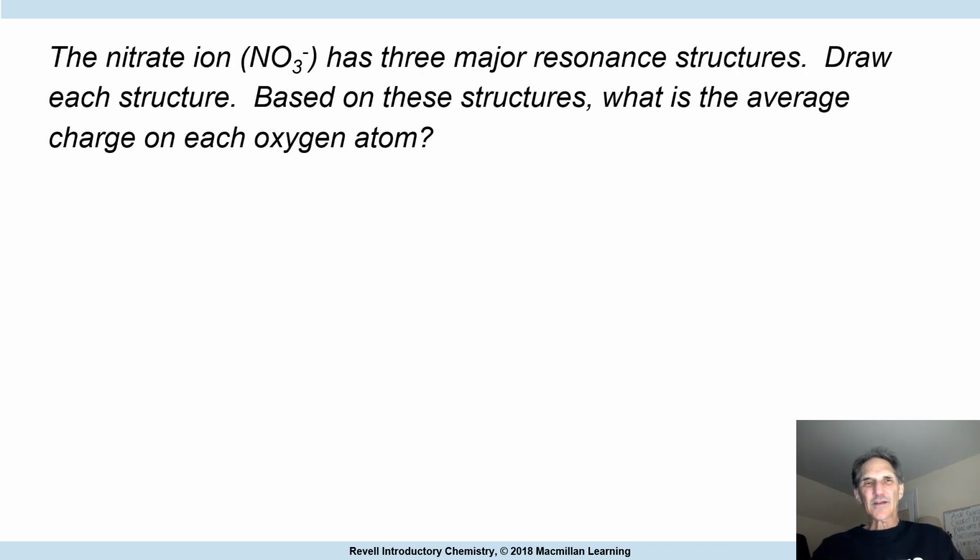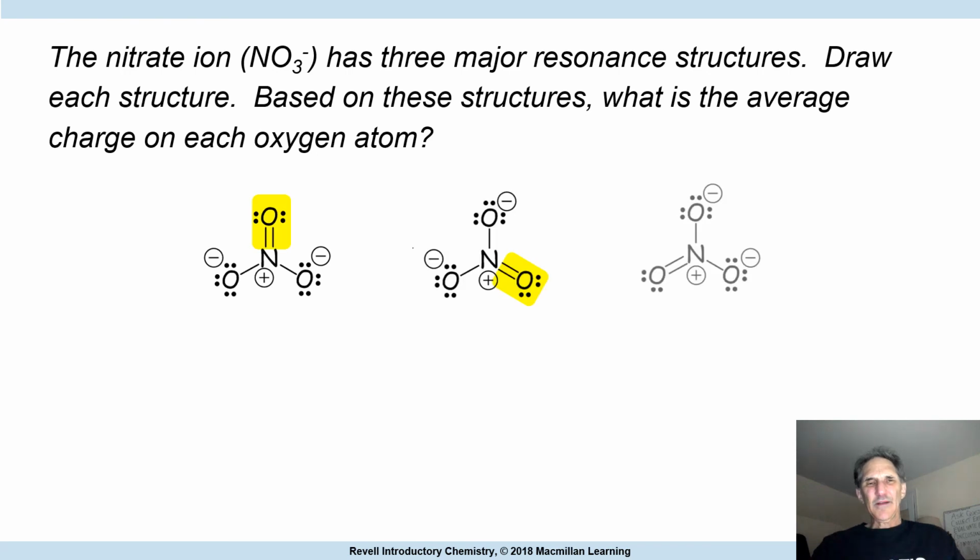Look at nitrate. We'll draw it using our number of electrons and place them around. It looks like there are charges on the nitrogen and the oxygen, and there could be multiple forms of distributing that charge among these different structures.